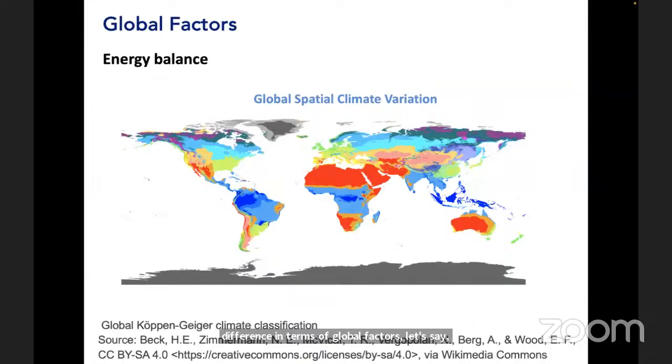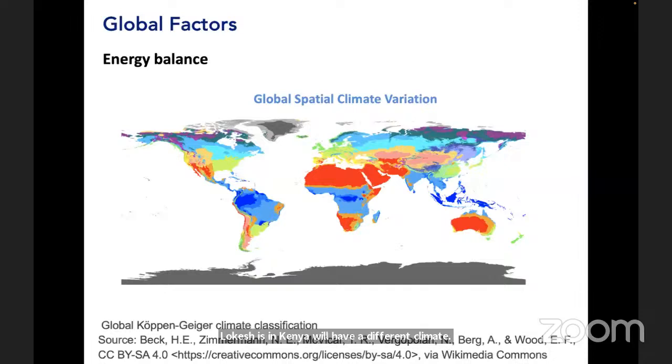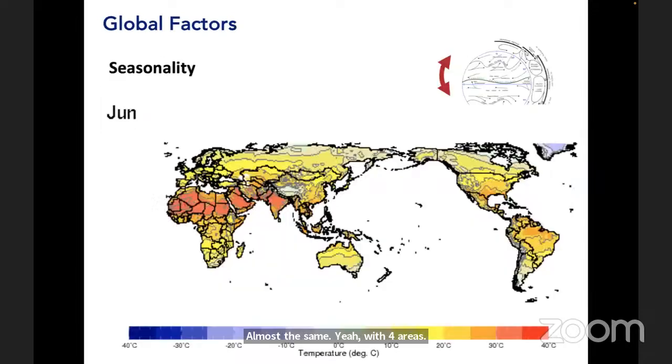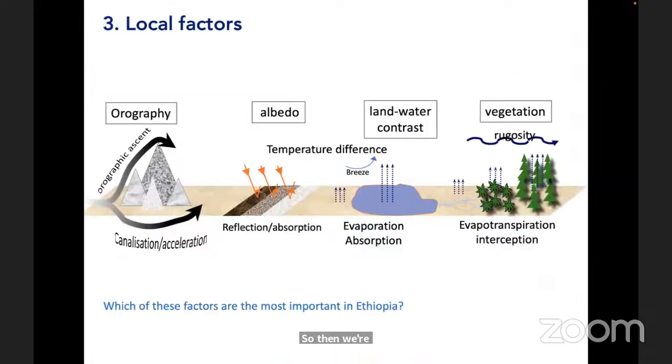Even in Kenya, different parts of Kenya will have different climate, even not far apart, like 100 or 200 kilometers apart. But that is not because of the global factors. The global factors are almost the same for areas around the same latitude. So then it must be the local factors that modify what we are supposed to get from the global factors.